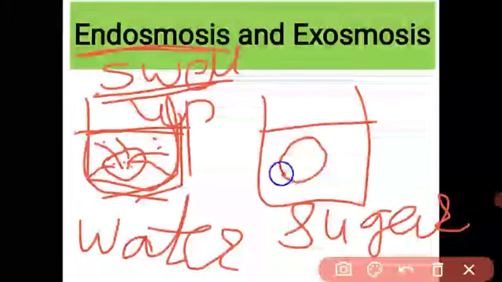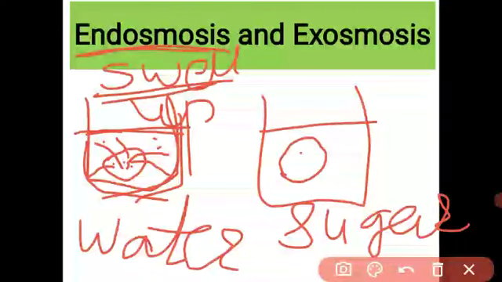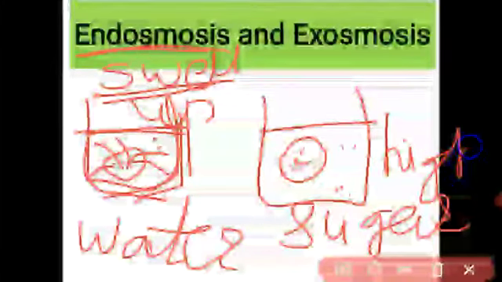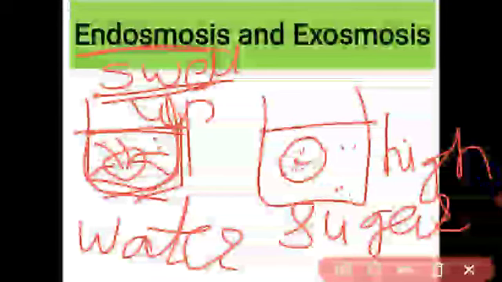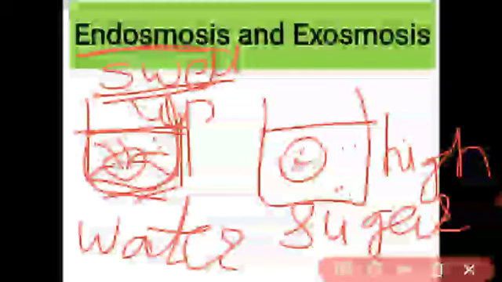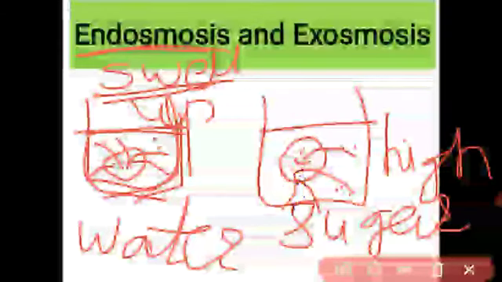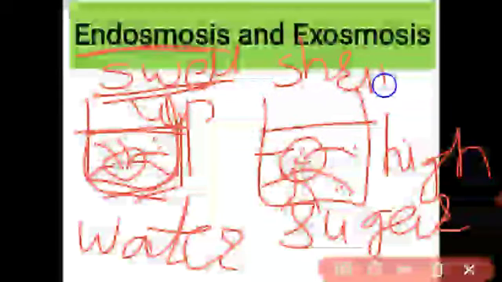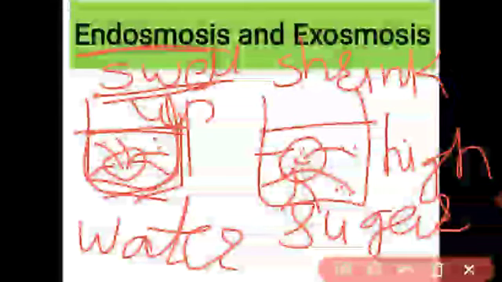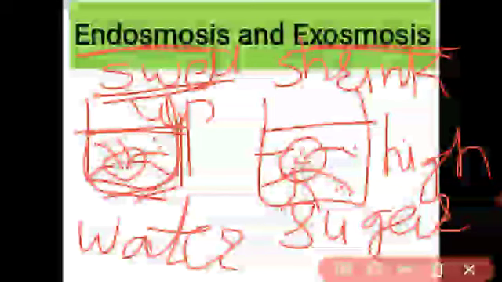Whenever I put the cell into the sugar solution, it also contains water, but the sugar solution has a high concentration of sugar and low concentration of water. So when we put the cell into the sugar solution, the water moves outward and the cell shrinks. This is called exoosmosis, meaning outward diffusion.